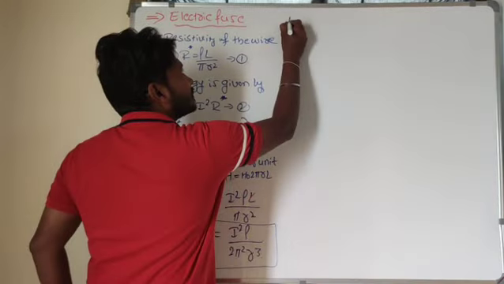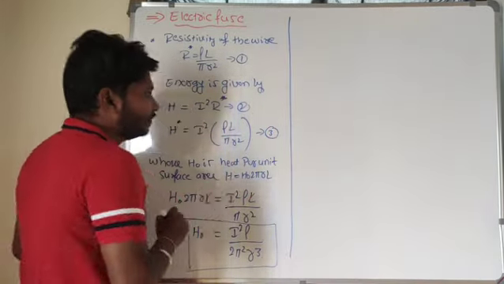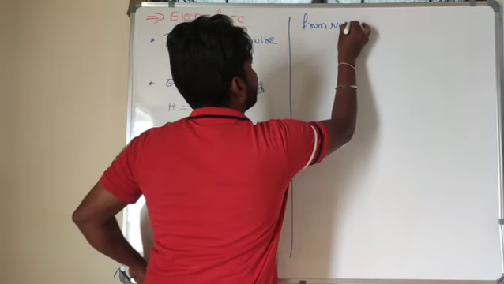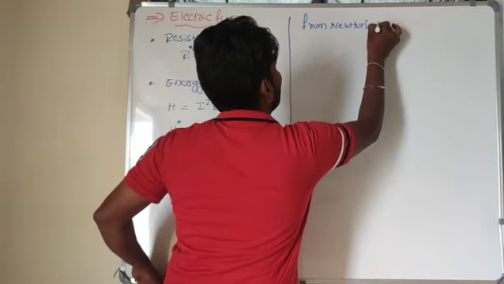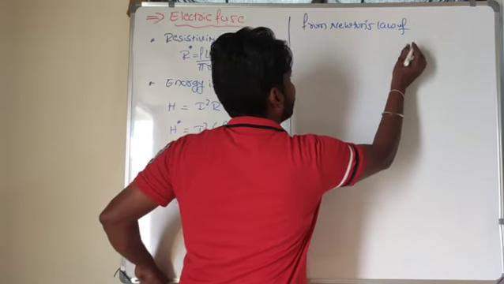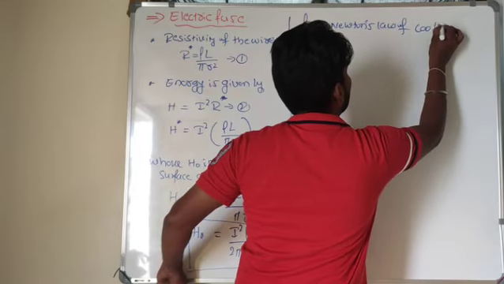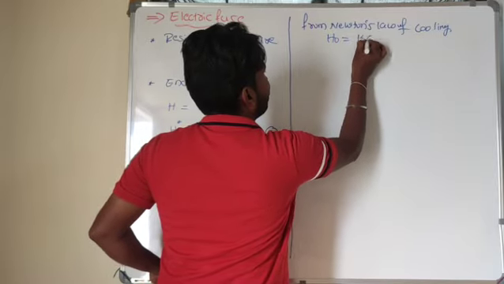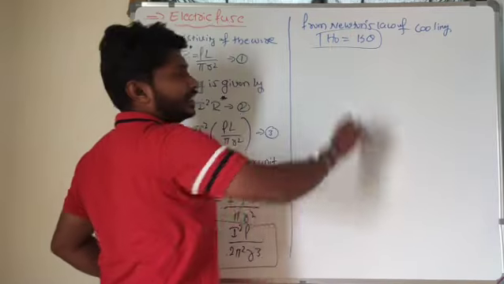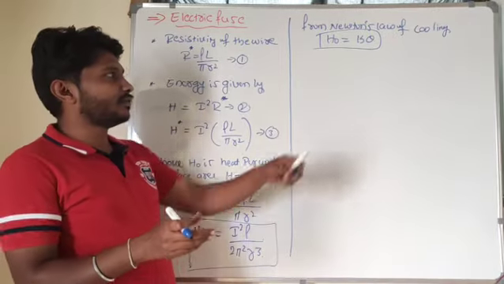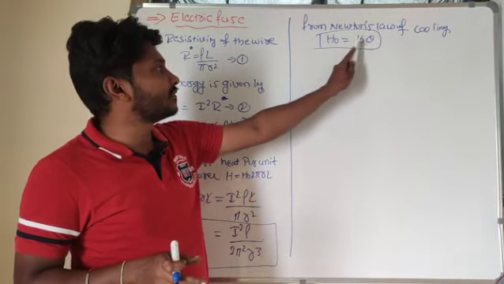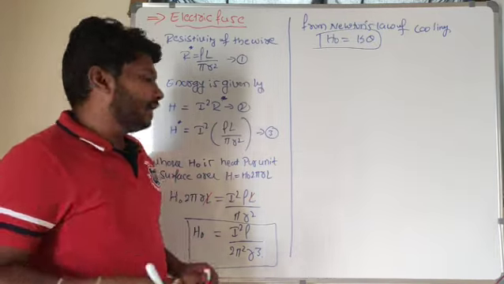So from Newton's law of cooling, from first PU topic, I can consider that H naught is equal to K into theta. So heat produced per unit surface area is equal to K into theta.